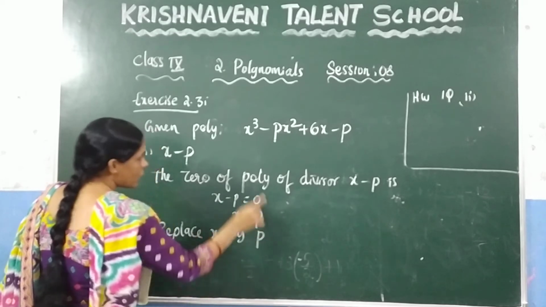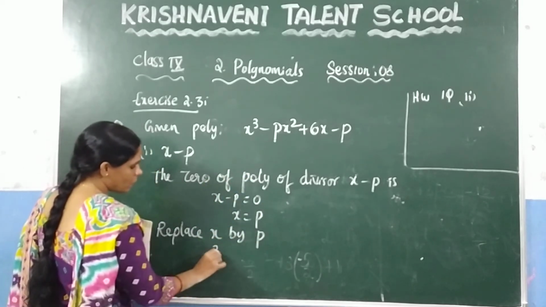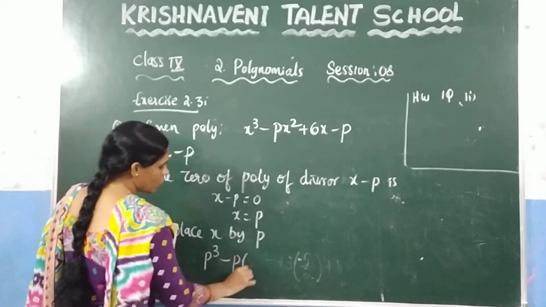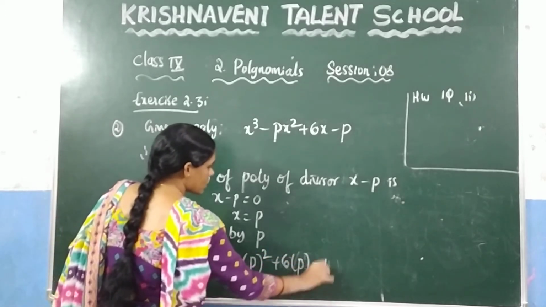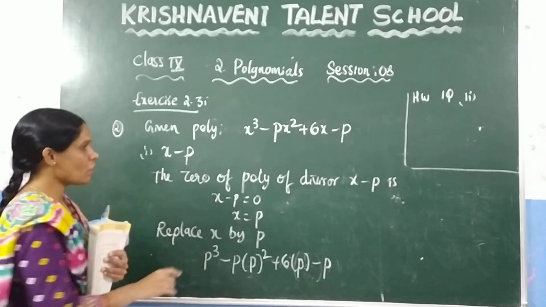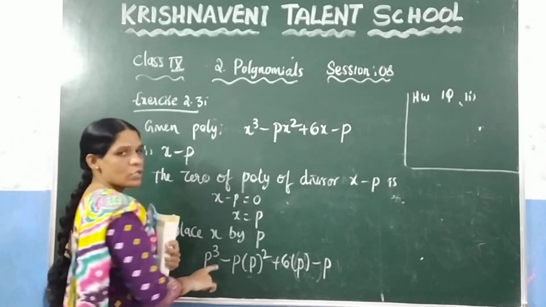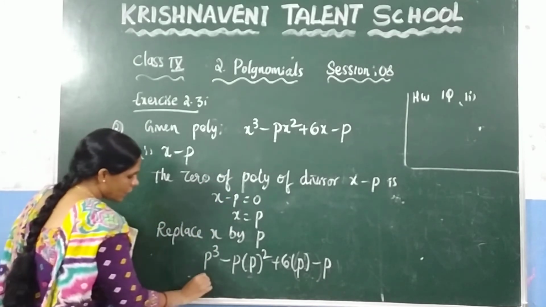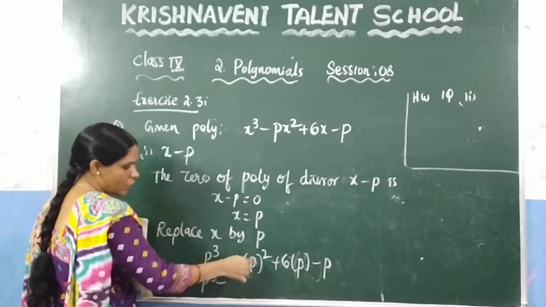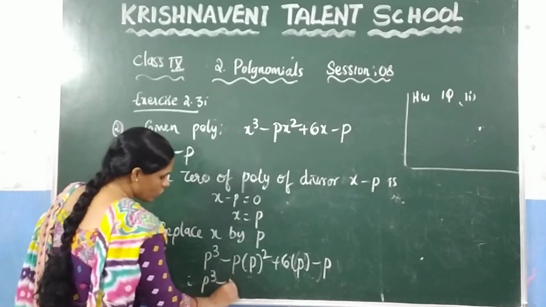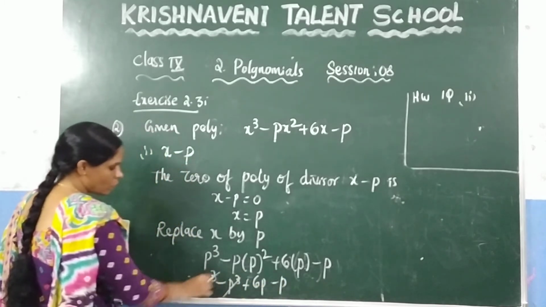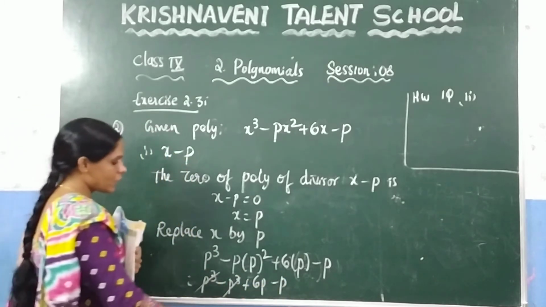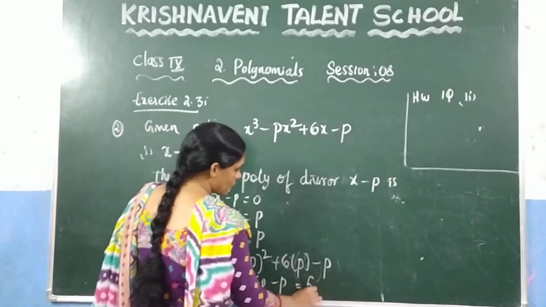What will you get in place of x if you keep p? p cube minus p into p square plus 6 into p minus p. Just in place of x, we have kept here p. So what will you get here? p cube minus p into p square, which is nothing but p cube, and after that 6p minus p. You know that p cube will get cancelled. You will get here 6p minus p, which is nothing but 5p.